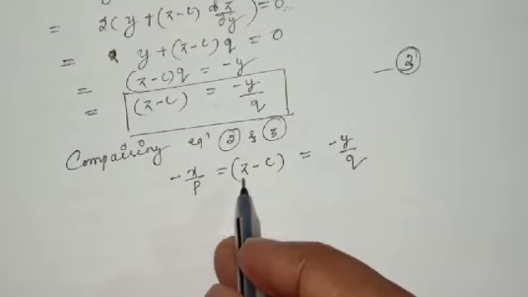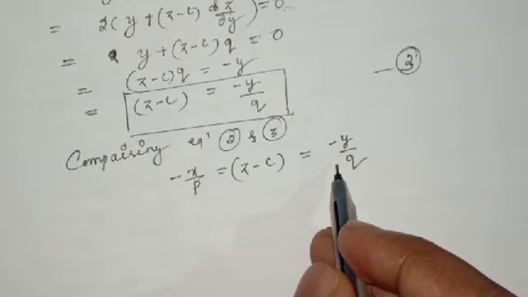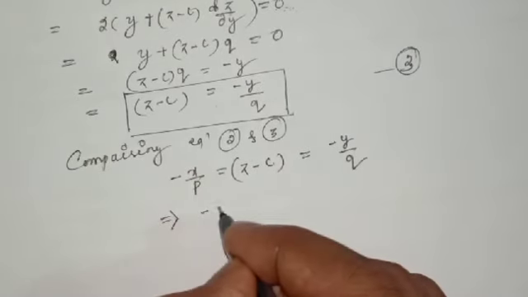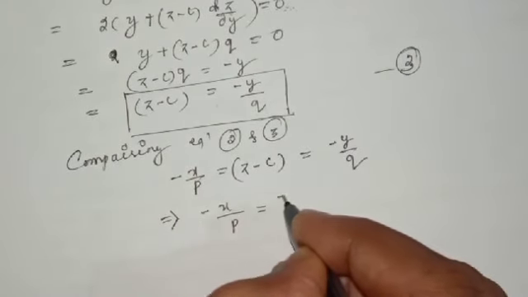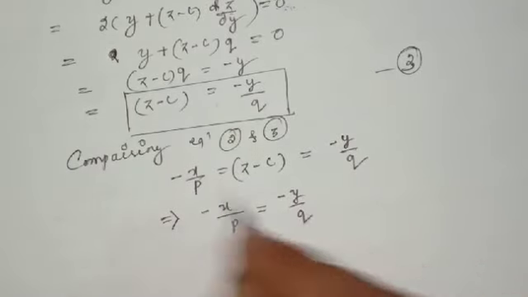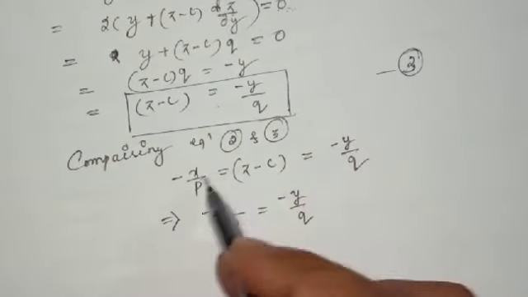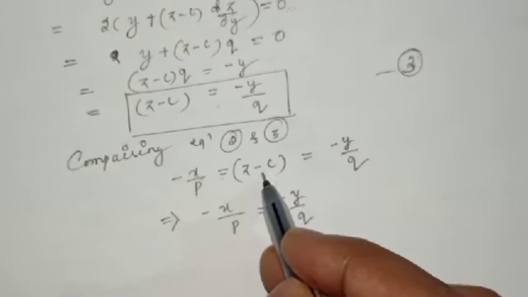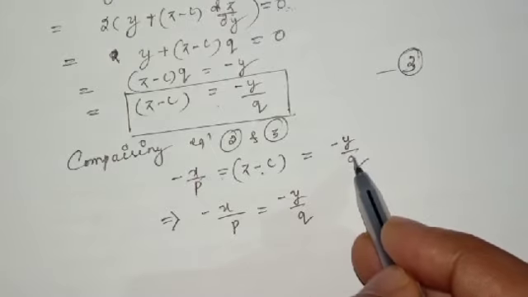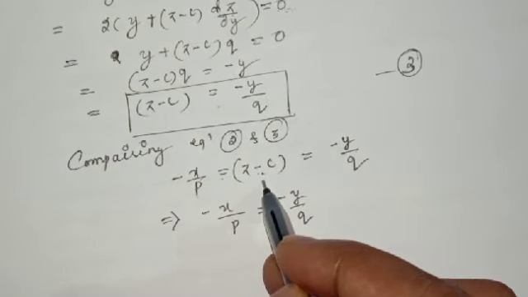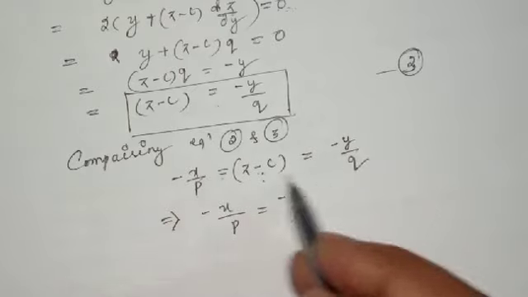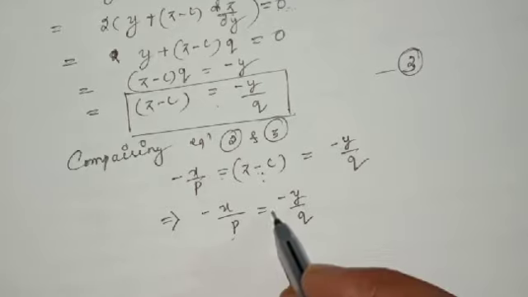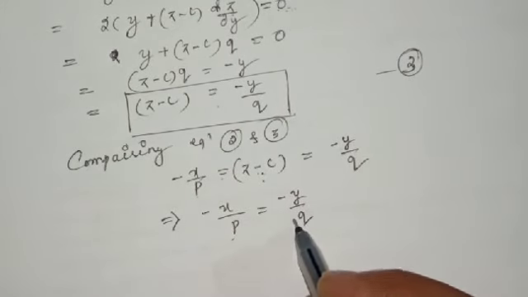Is that correct, students? So it means that minus x by p is equal to minus y by q. From this hypothesis we can conclude that minus x by p is equal to minus y by q.